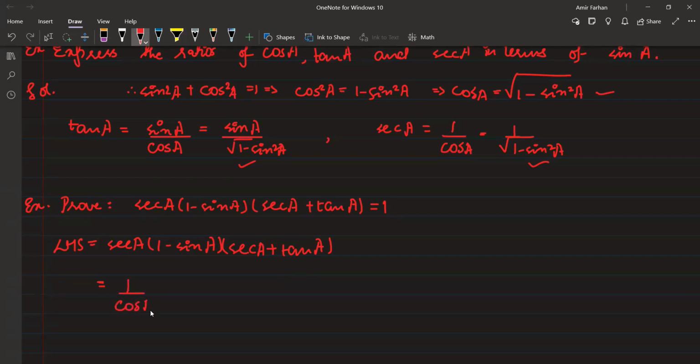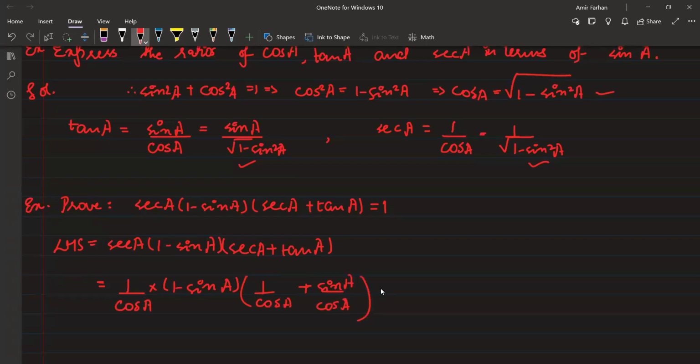1 by cos A into (1 minus sine A) into (1 by cos A plus sine A by cos A).